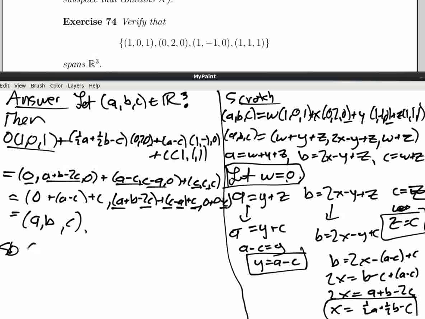So a, b, and c belongs to the span of (1, 0, 1), (0, 2, 0), (1, -1, 0), (1, 1, 1).